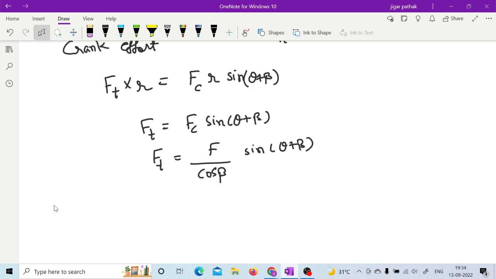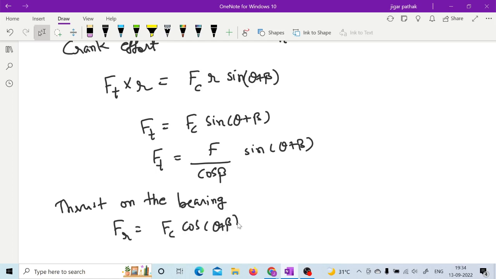And finally the thrust on the bearings, that also you can calculate, right? Thrust on the bearings. So this Fr can be calculated as Fc cos theta plus beta, right?